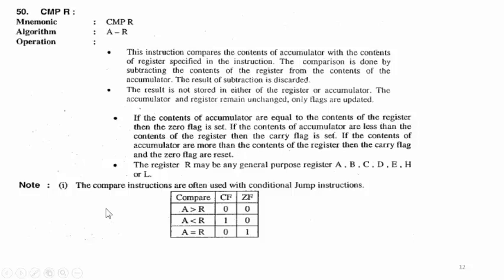So in all comparison instructions you have to check the carry flag and zero flag bit to cross check whether the accumulator contents are bigger than the specified register content, memory content or immediate data, or accumulator contents are smaller than the given data, or accumulator contents are equal to the specified register content, memory content or immediate data.